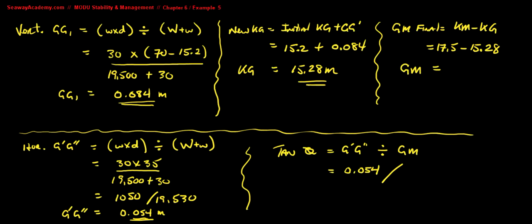So that gives us a final GM of 2.22 meters. So now we can complete our tangent formula. We put the GM into the formula and we divide our horizontal shift of G by our GM, and we get an angle of 1.39 degrees.